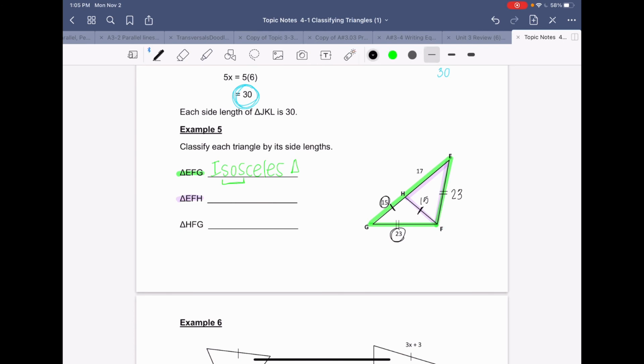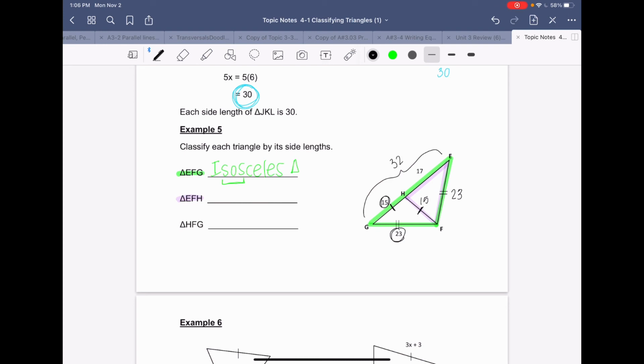Well, let's go ahead and add these right here, 15 plus 17. So we know what the whole value is right there. Just because it's good to know what all our values are. So this one is 32.